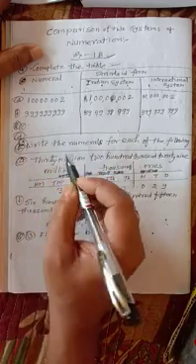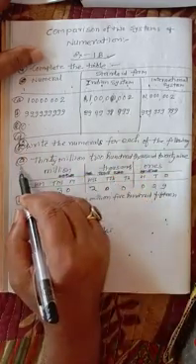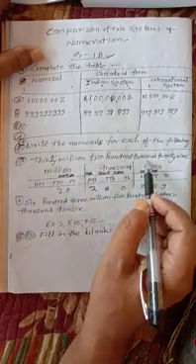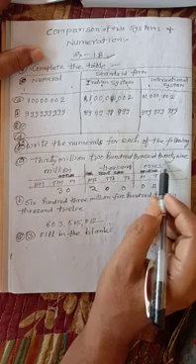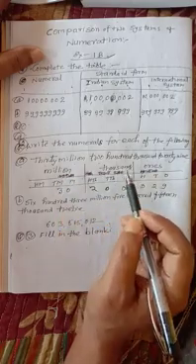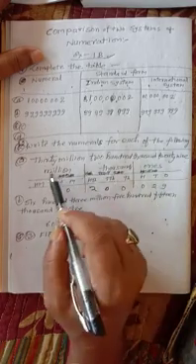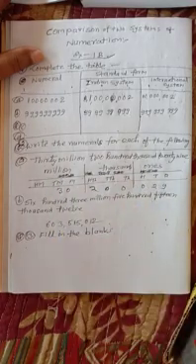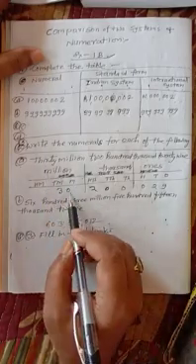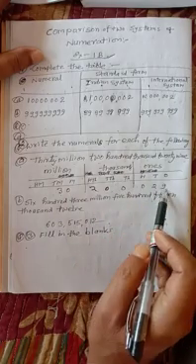Question number 2 says write the numerals for each of the following. The first question says 30,200,029. We know that million means the international system. Here 30 million, and this is 200,000, and this is 29.